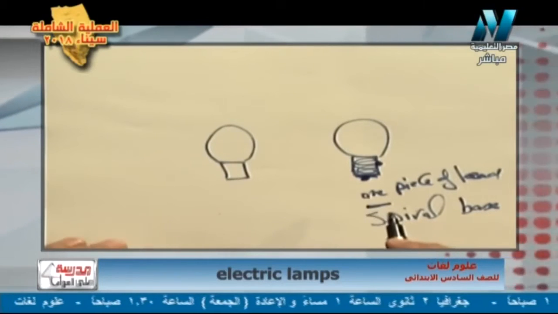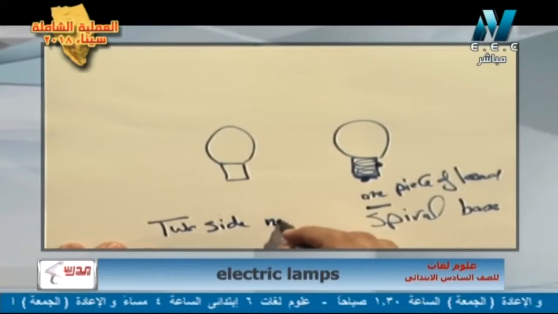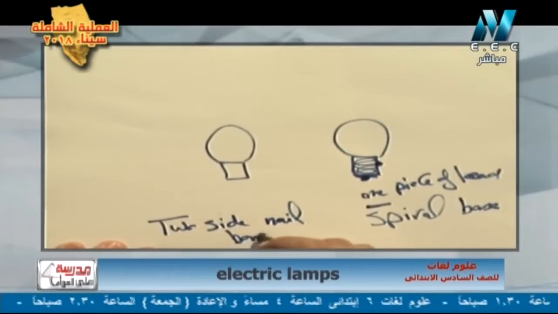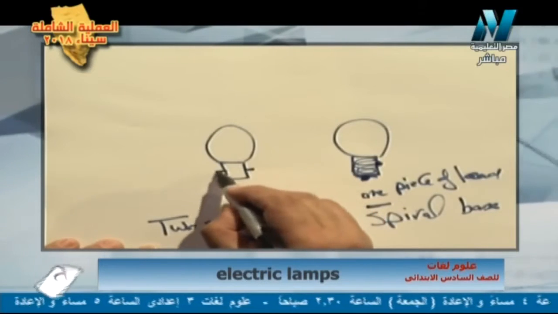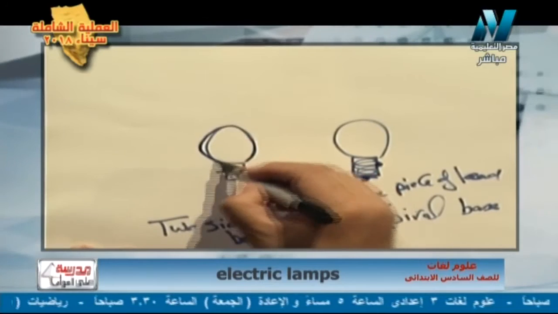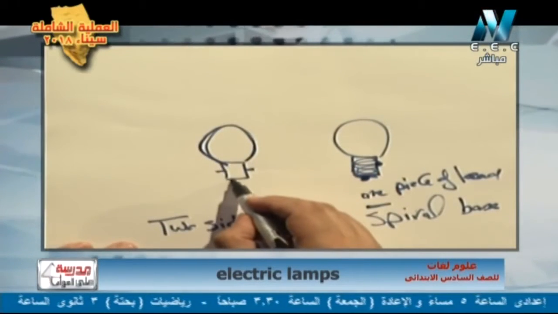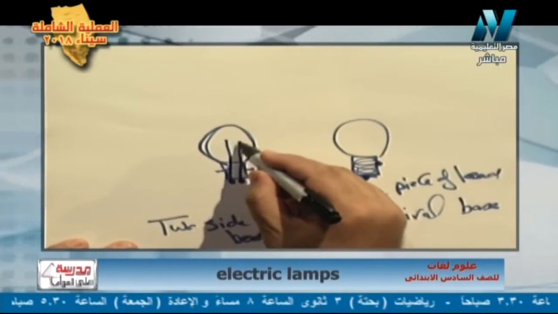Okay, so what about the two side nail base? Here I have the two side nail base, the lamp we call the nail lamp, but more precisely it is a lamp with two nails, not just one. It has two pieces of lead to connect to the two copper and lead wires.